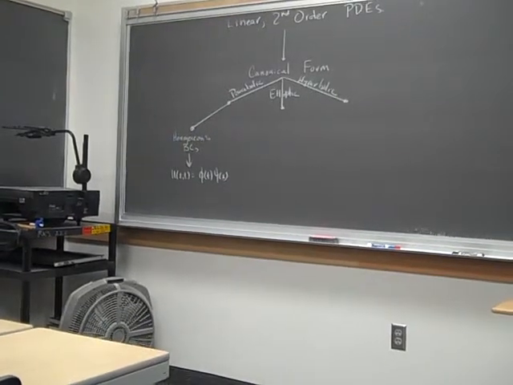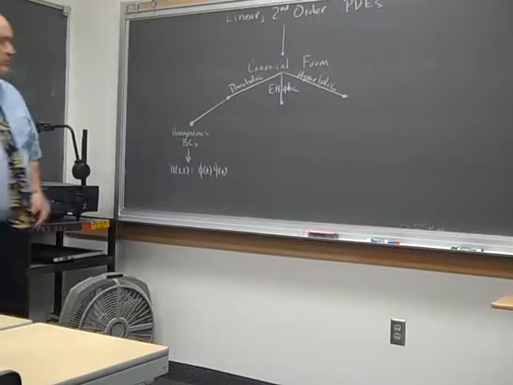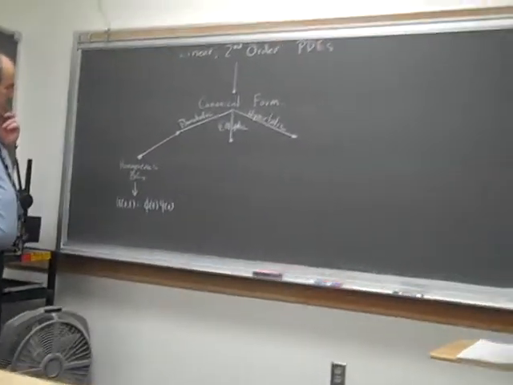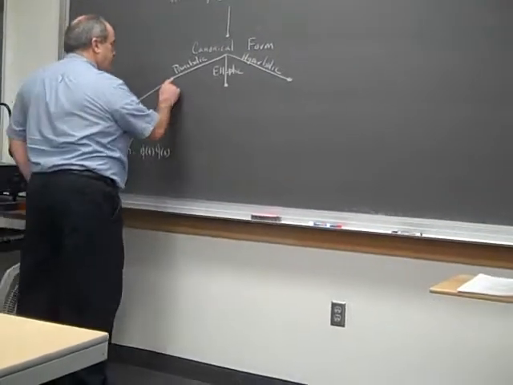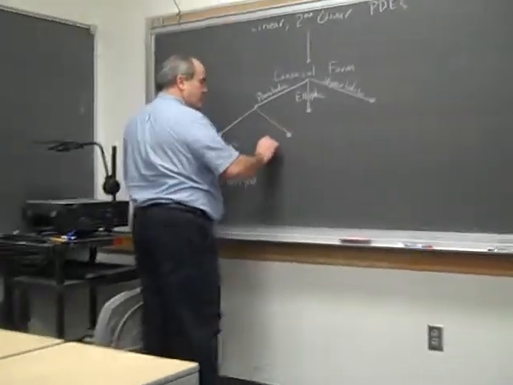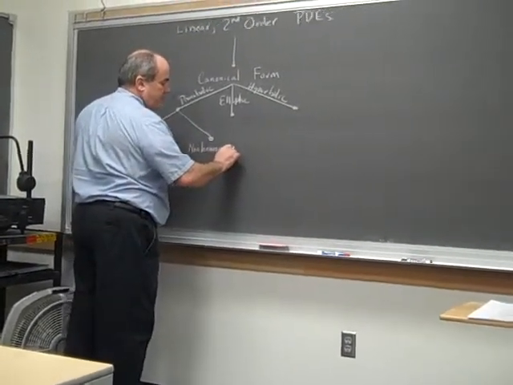And you've looked at all three of the standard boundary condition situations for homogeneous boundary conditions. And then last time we just got started into what happens if you have non-homogeneous boundary conditions.